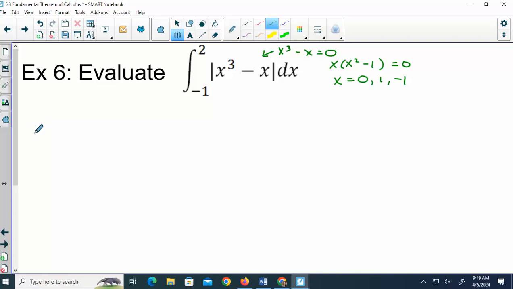Okay, so that means we have to go from negative 1, because that's our starting point, to 0. Then we'll have to go from 0 to 1. And then we have to go from 1 to 2.